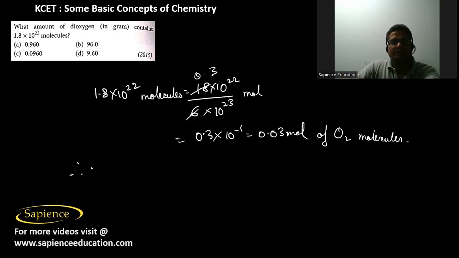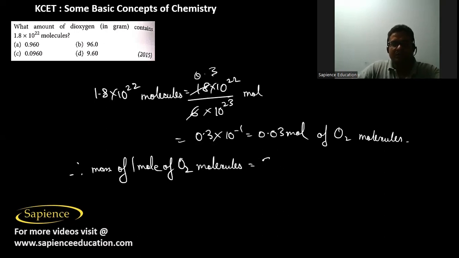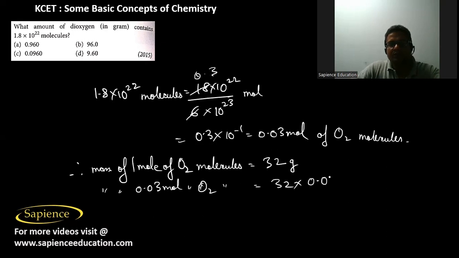Now, therefore, the mass of 1 mole of O2 molecules is equal to the molar mass of oxygen, that is 32 gram. Therefore, the mass of 0.03 mole of oxygen molecules will be equal to 32 into 0.03 gram.